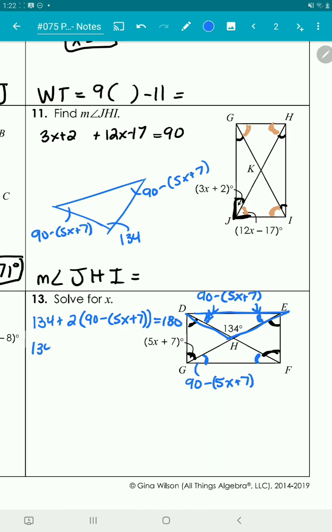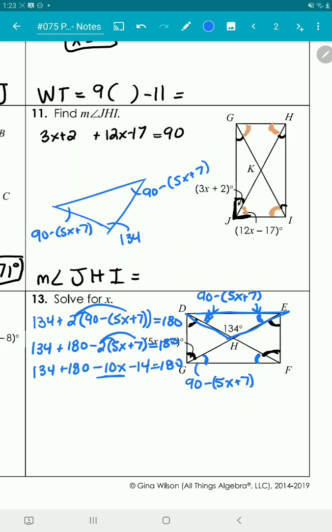So I'm going to simplify this a little bit. I distributed this 2 to both of those factors, and now we're going to distribute this negative 2 to those factors. So we have 134 plus 180 minus 10x, and then negative 2 times positive 7 is going to be negative 14, equals 180.